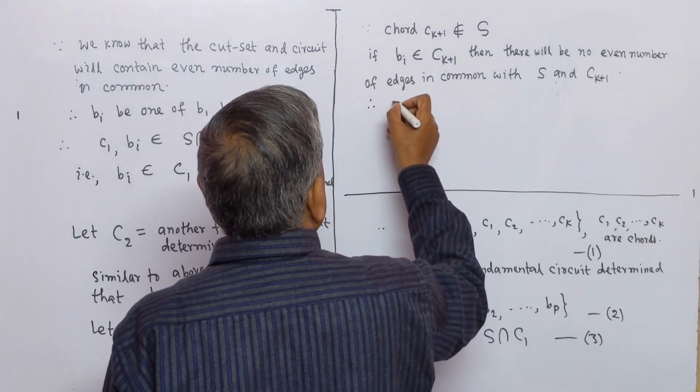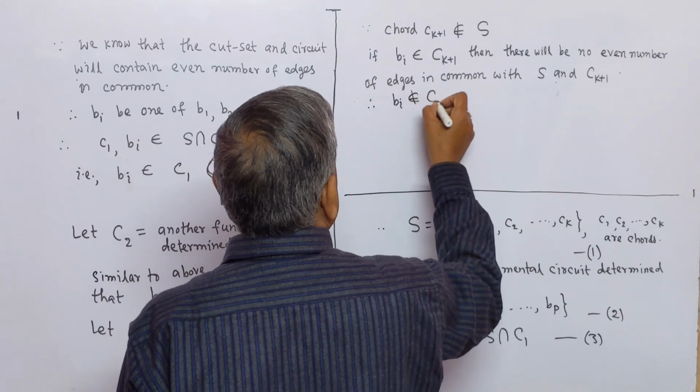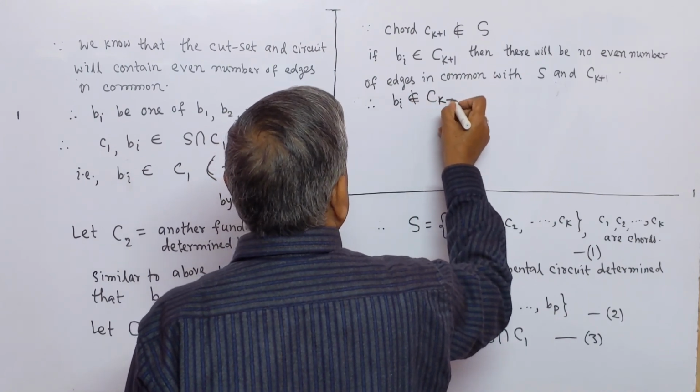Therefore, Bi may not belong to Ck plus 1.